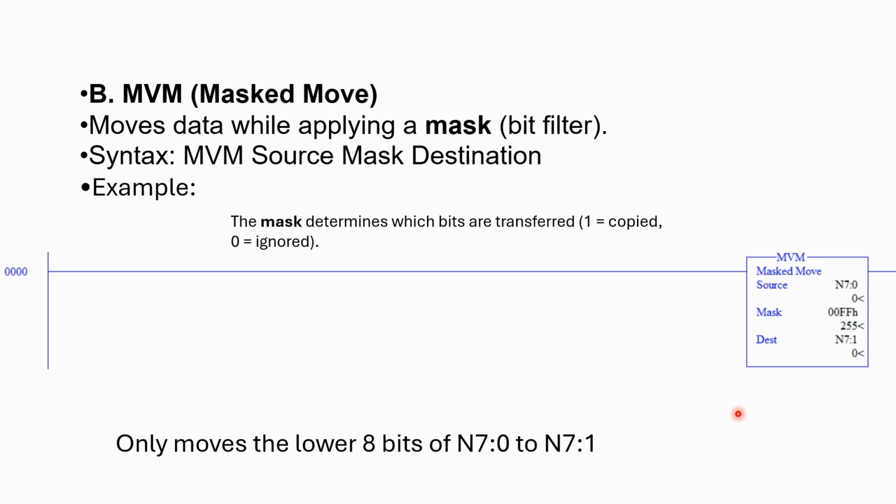There are other number systems out there. I don't want to get into a whole lot of detail. I've got another video on the channel that talks about number systems if you're not familiar with how those work, but I wanted to briefly cover this to explain what the masked move is about.